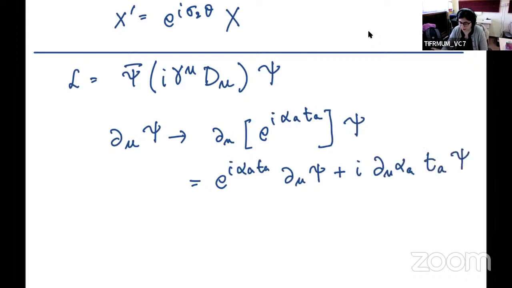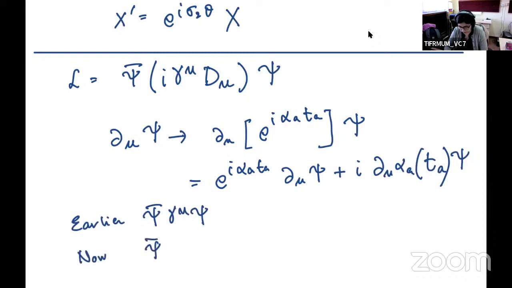So you have this extra T^A term that comes out, and that is going to multiply this extra internal degree of freedom of the psi. Okay? So earlier you had psi bar gamma mu psi, now you have a term that looks like psi bar gamma mu T^A psi.